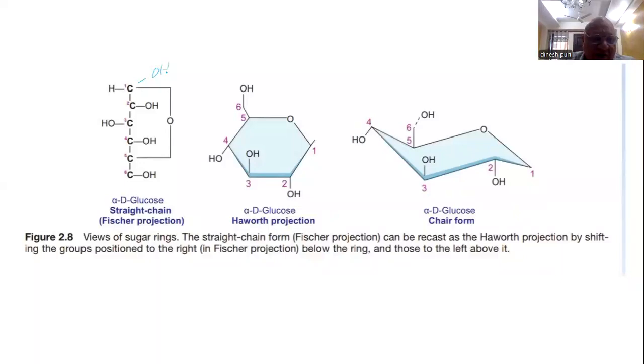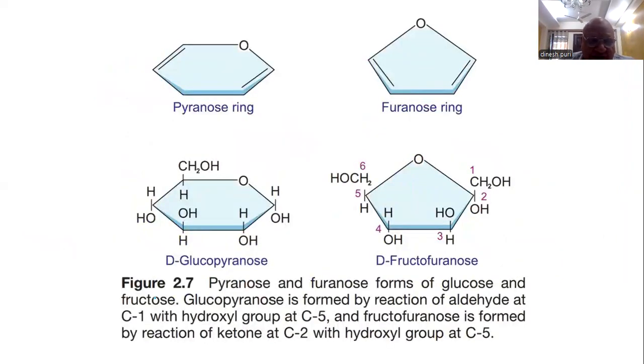The OH will be there, attached to four different groups. So two anomeric forms are possible. You can see here, this form; if the OH goes up, then it will become another form. So the OH went up, H down.